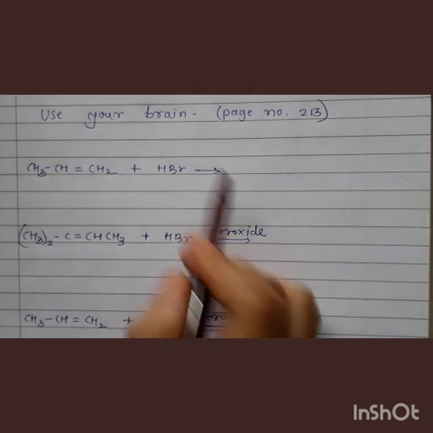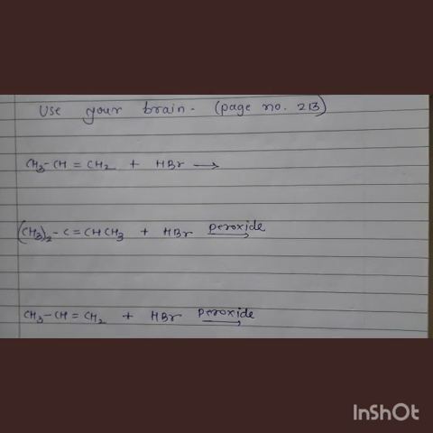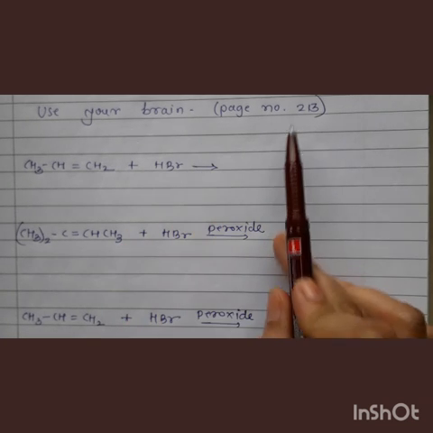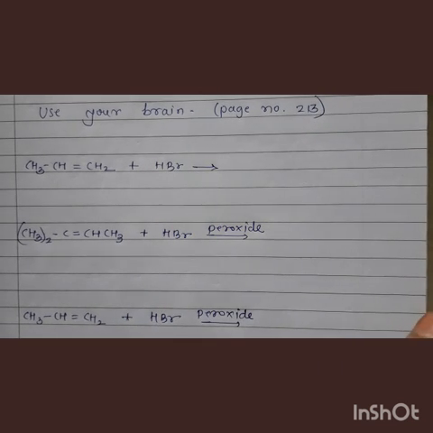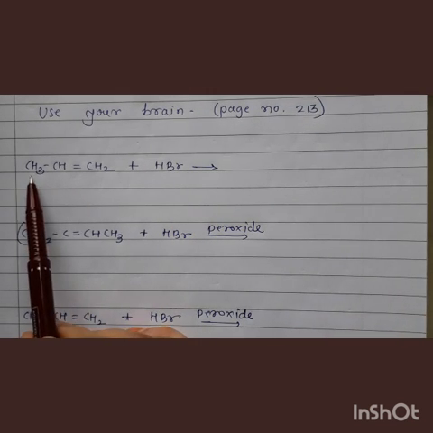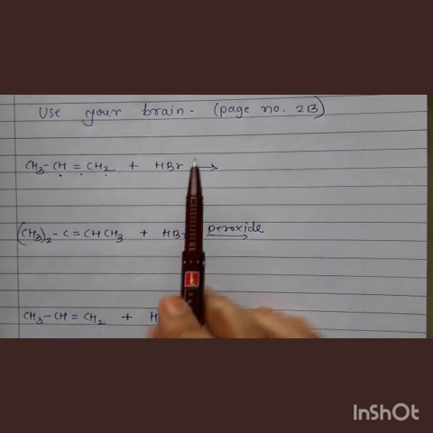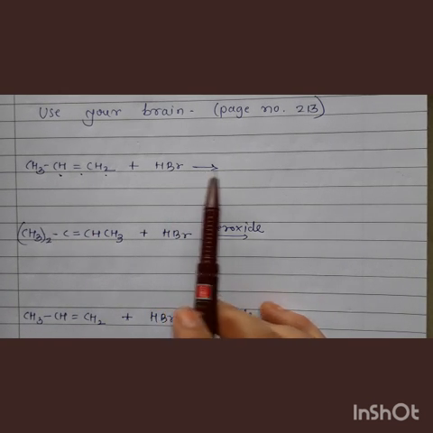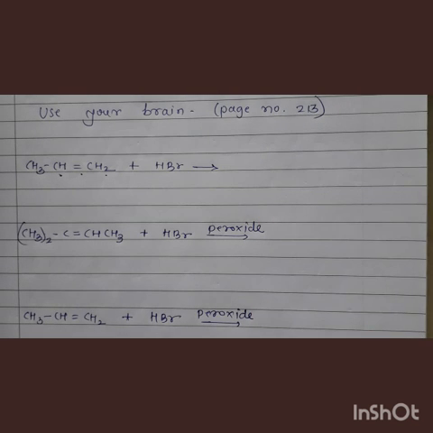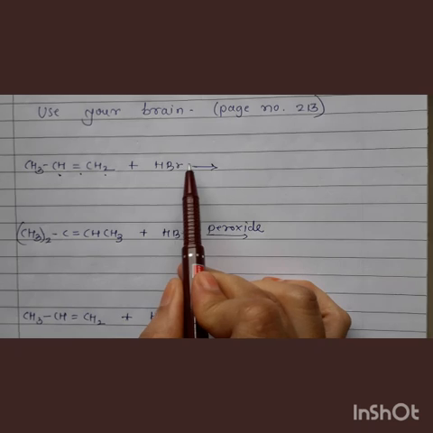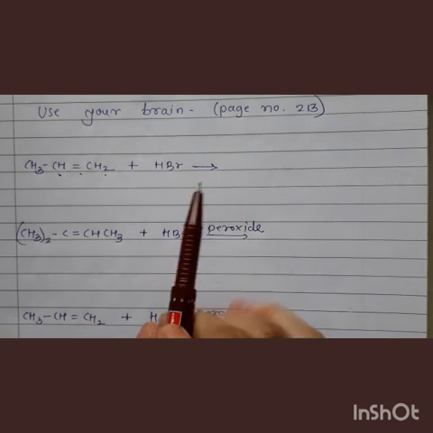Now see some questions, some reactions given in your textbook to complete. Use your brain, page number 213. See the first, CH3 CH double bond CH2, in presence of HBr. You have to write both the products, major as well as minor. We have solved the same example. On the arrow, peroxide or any reagent is not mentioned.